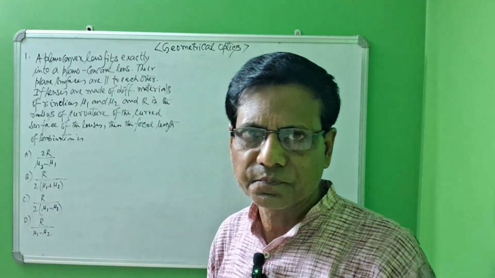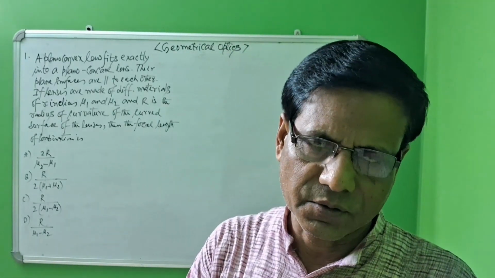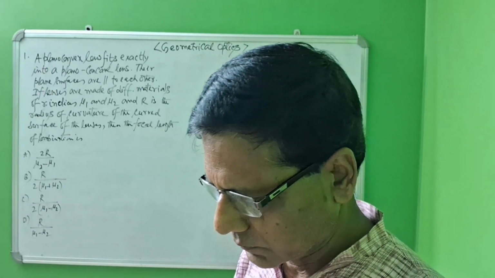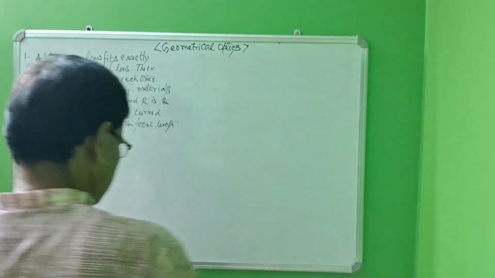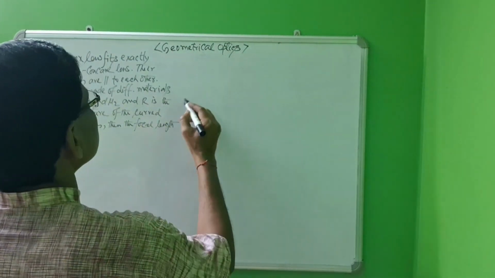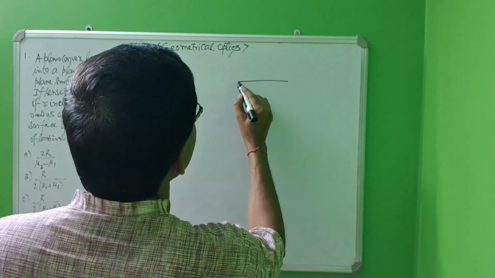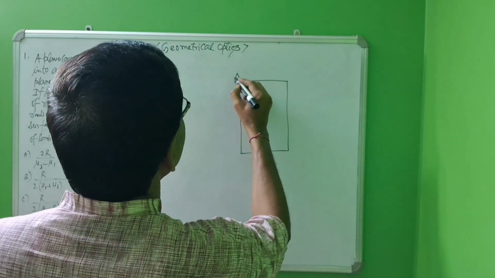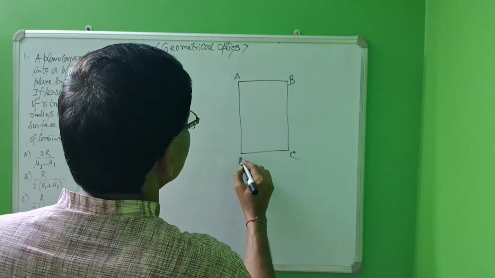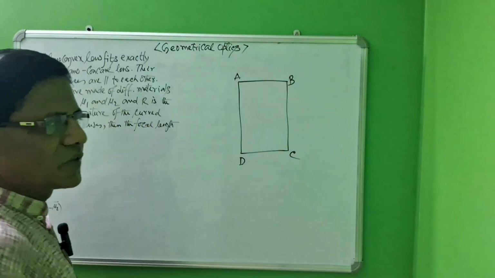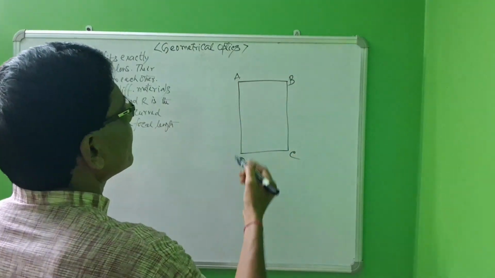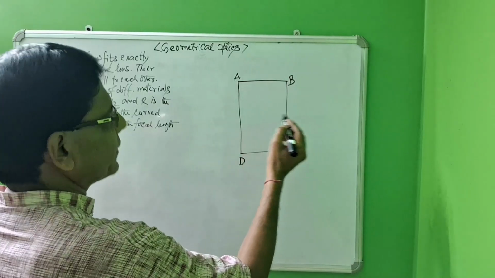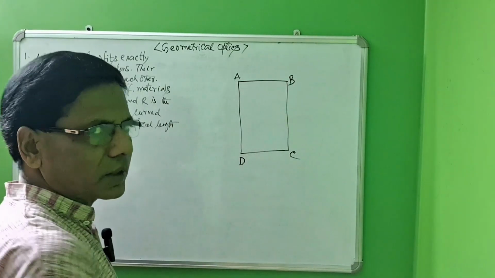This problem is of combined lens. How? This is a plate where AB and where AD and BC are parallel to each other.